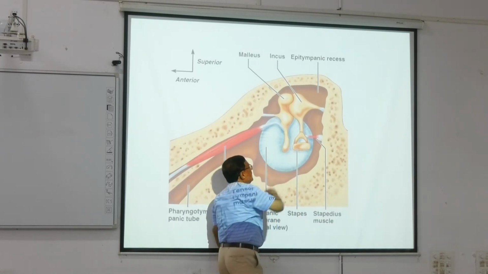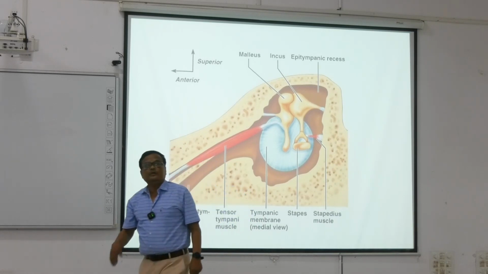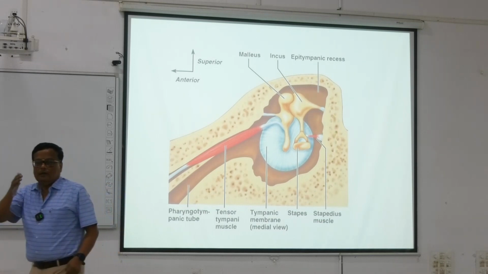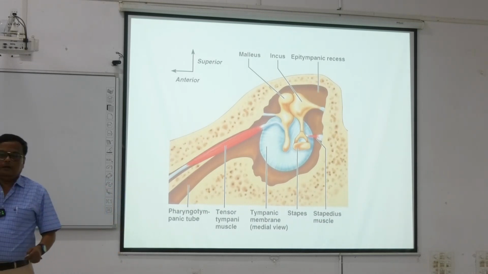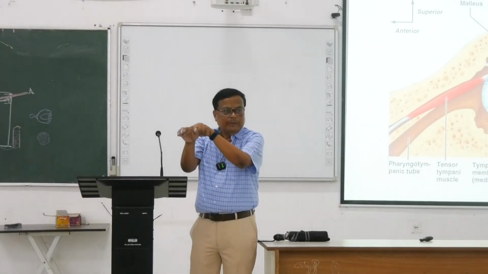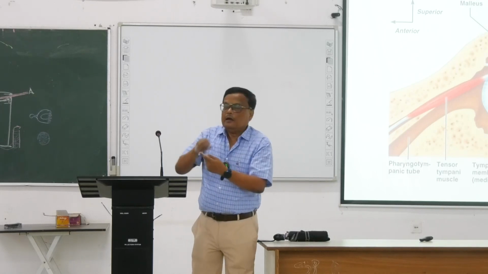This is the handle. The handle of the malleus is present within the fibrous layer of the tympanic membrane. And externally, the tympanic membrane surface is concave, and towards the inner mucous membrane side, it is convex.